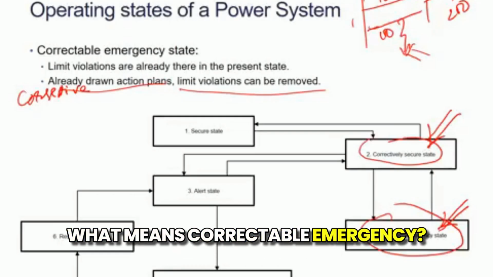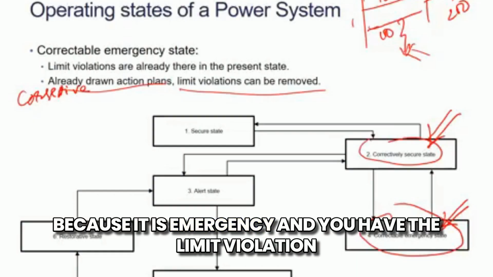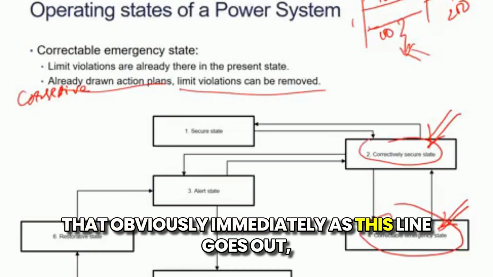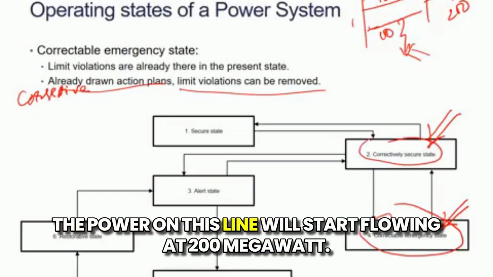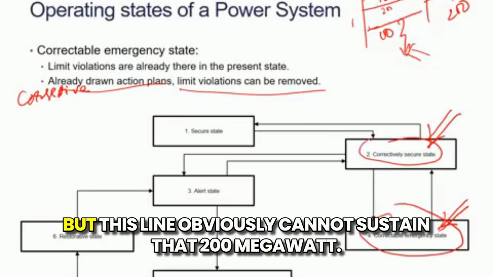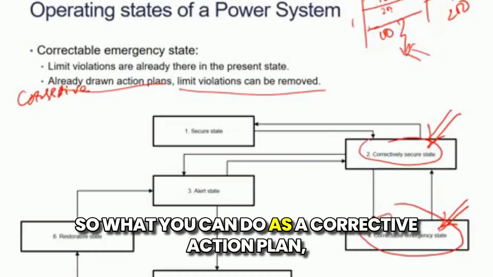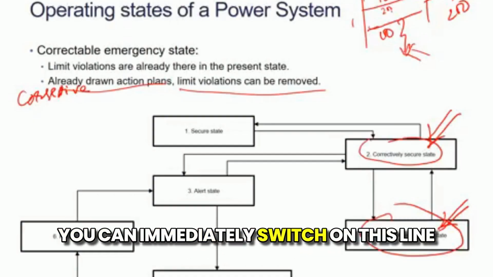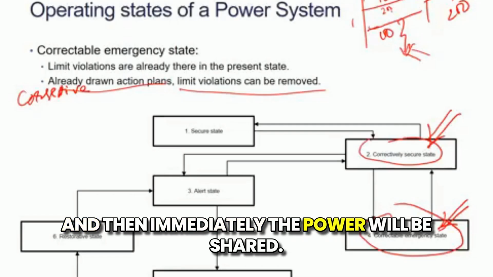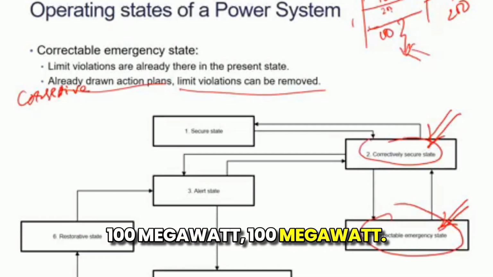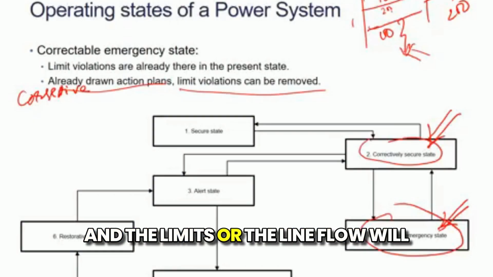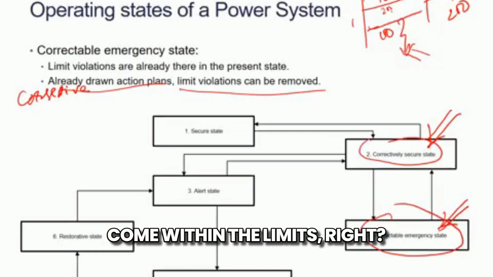What does correctable emergency mean? It is an emergency and you have the limit violation: as soon as this line goes out, the power on the other line will start flowing at 200 megawatt, but it cannot sustain that. So as a corrective action plan, you can immediately switch on the third line, and the power will be shared 100 megawatt, 100 megawatt, and the line flow will come within the limits.